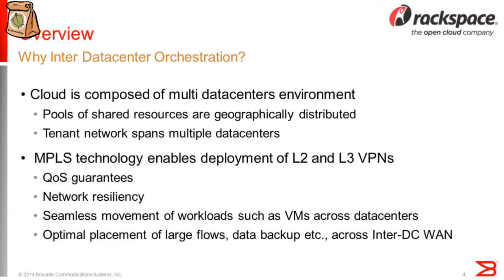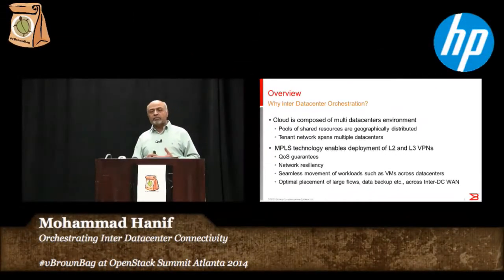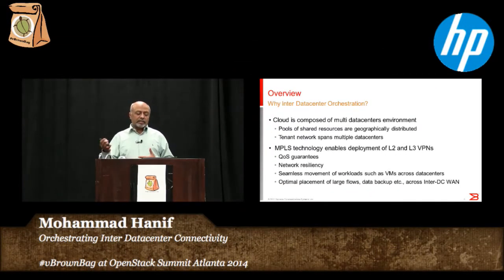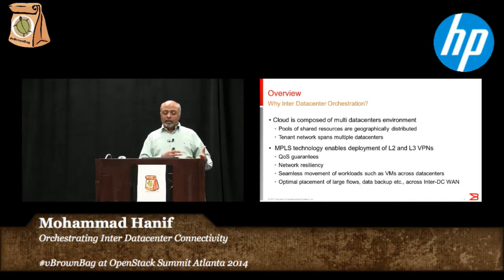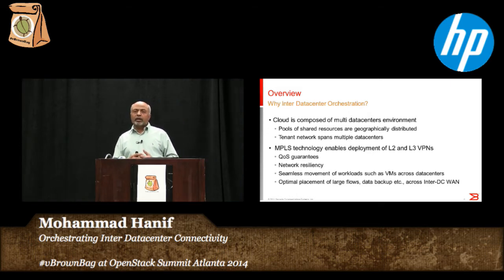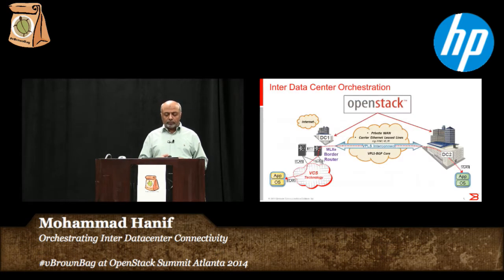It actually provides us QoS guarantees. It provides us network resiliency. It also provides us seamless movement of workloads such as VMs across data centers, and it allows you to have optimal placement of large flows. The data backup across inter-DC WAN. And I'll talk about this one more in the future work as well.